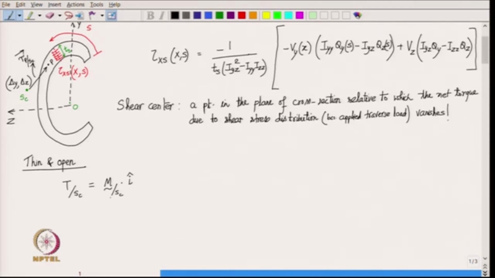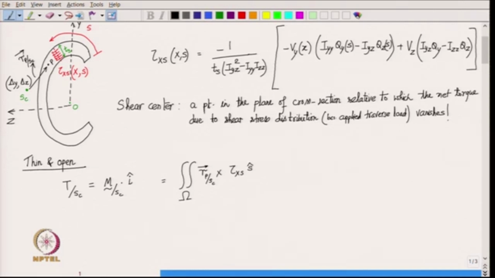So, the moment due to shear stress distribution is going to be the integration over the cross section of the arm, the position vector of the point P relative to the shear center, cross product the shear stress tau x s, and that is acting in the direction s hat.